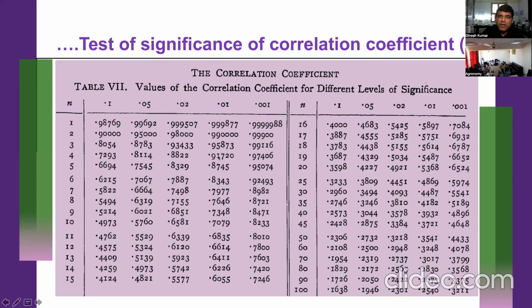If your calculated value is greater than this, it is significant. If it is significant at 5%, you can put 1 star. If it is significant at 1%, you can put 2 stars, showing the significance of the correlation coefficient. Is it clear to all of you?